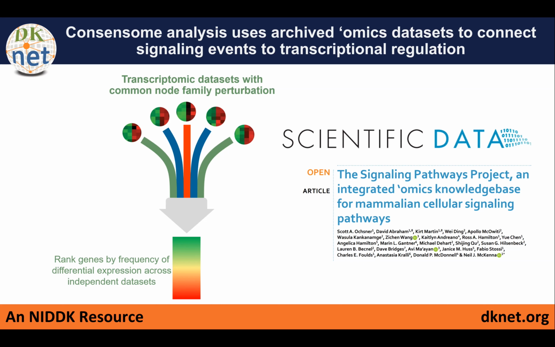As the name indicates, what consensome analysis does is survey multiple independent expression array or RNA-seq data sets, and then rank the transcriptional targets by the frequency with which they are differentially expressed over these independent data sets.